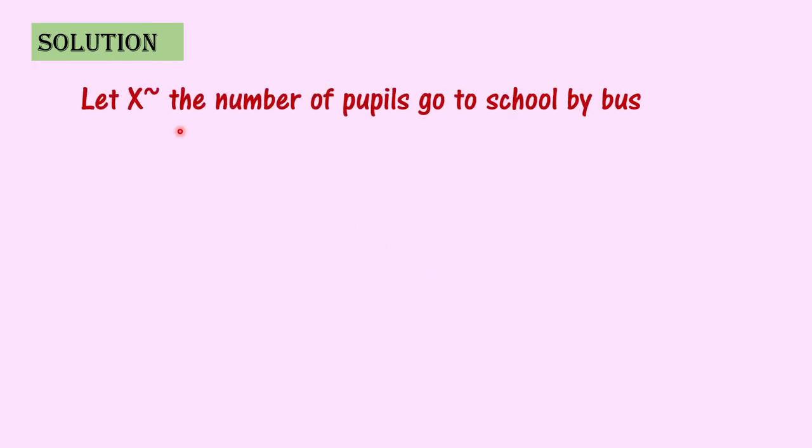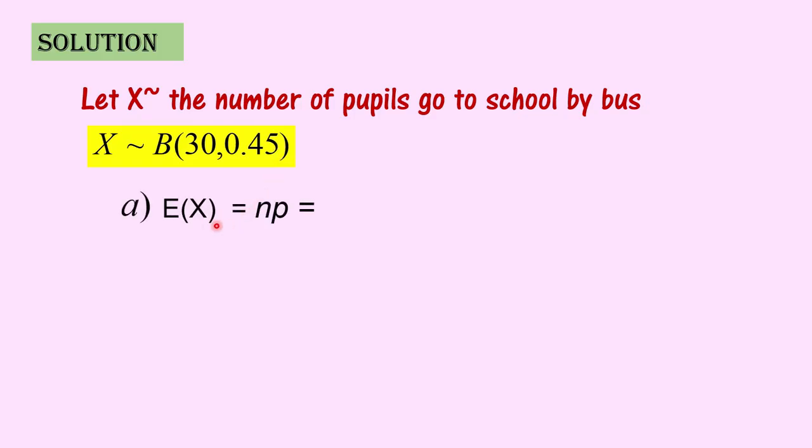Okay, you have to let X be the number of people who go to school by bus. X is a binomial distribution, n equals 30, p, the probability of going to school by bus, is 0.45. The mean is E(X) or n times p, that is 30 times 0.45, that is 13.5.